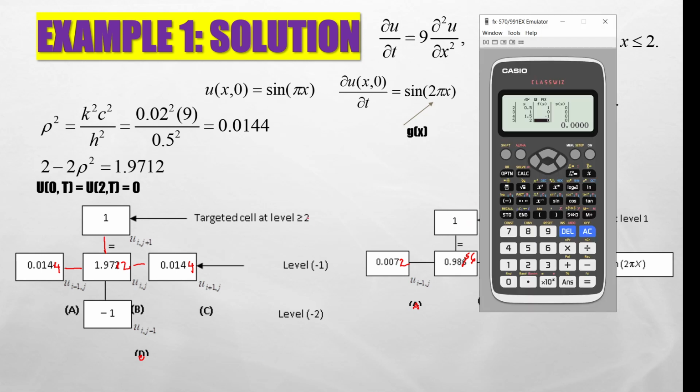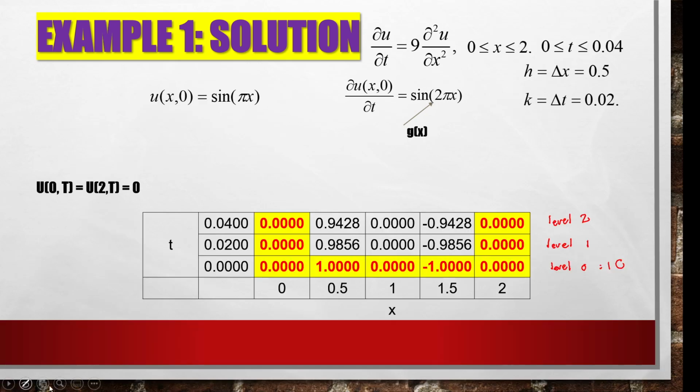Then you may go to the calculate menu and input 0.0072, left bottom cell, let's represent using A, and then 0.9856 for the center bottom cell, let's represent using variable B. And then the right bottom cell, the coefficient is 0.0072 C. Then you calculate, and then you move to the grids.